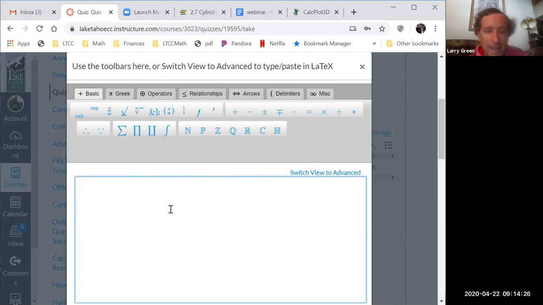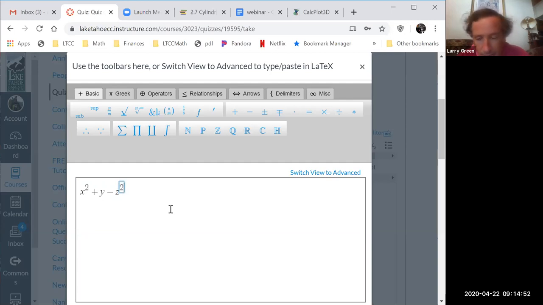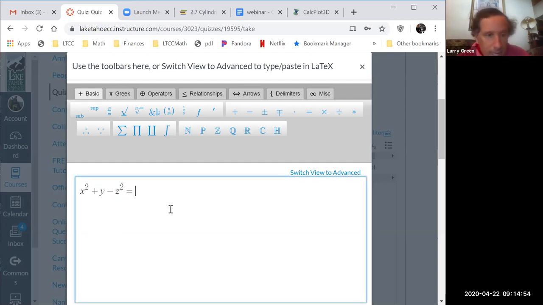A parabola has 1 square and the other's not squared. So we have to make sure you have 2 squares with opposite signs and then one that's not a square. There's lots of choices. So how about x squared plus y minus z squared equals 1.